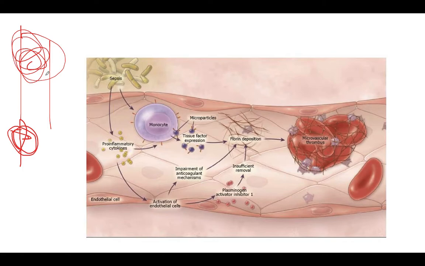So what will trigger the condition? Many things can trigger it. For example, in sepsis, pro-inflammatory cytokines are released. This leads to damage to the endothelium and activation, and because of this there will be recruitment of platelets, and the things that happen in normal hemostasis will occur here.